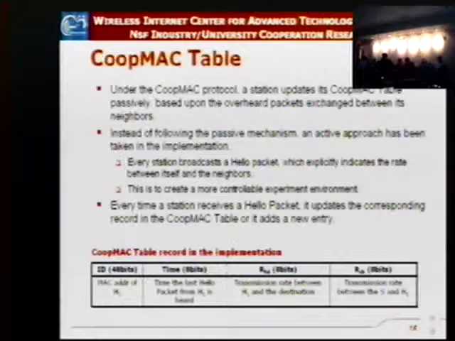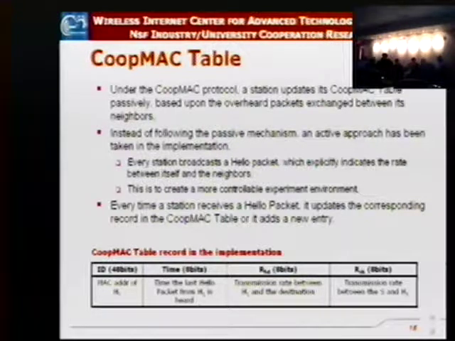So how we implemented the CoopMAC table maintenance? As I mentioned, under the CoopMAC protocol, a station updates the CoopMAC table passively. So every time it receives a packet from a neighbor, it updates the specific record in the CoopMAC table.